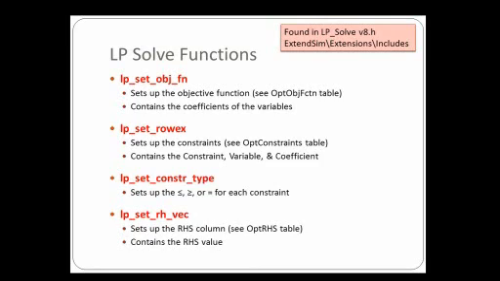And actually there's an include file that ExtendSim puts into the extensions includes folder called lpsolve version 8.h. That has all the functions you need to run the lpsolve in it. One of them is to set up the objective function, set up the rows, set up constraint types, and set up the right-hand side.